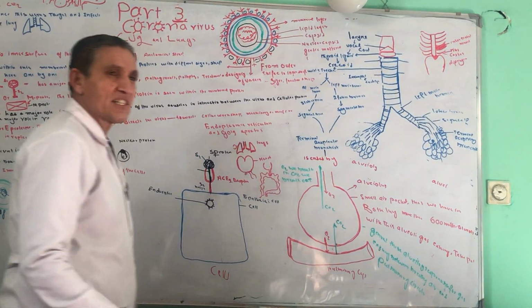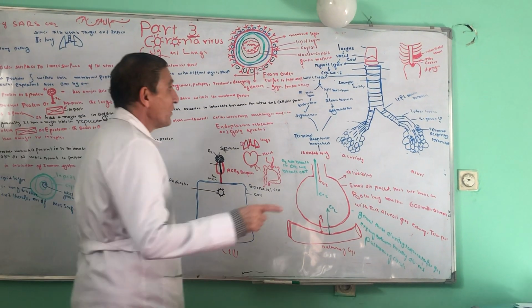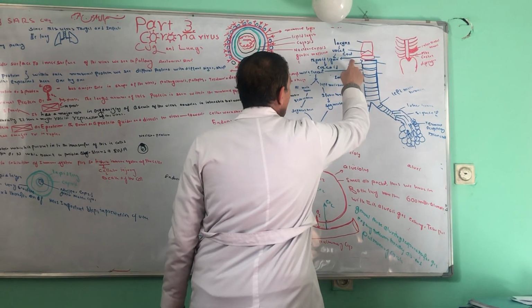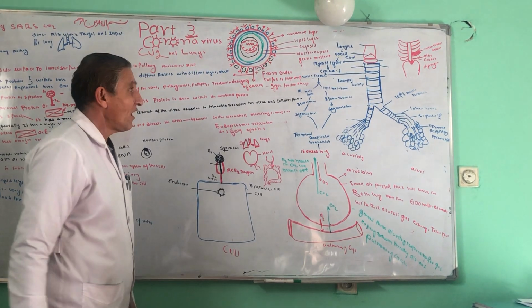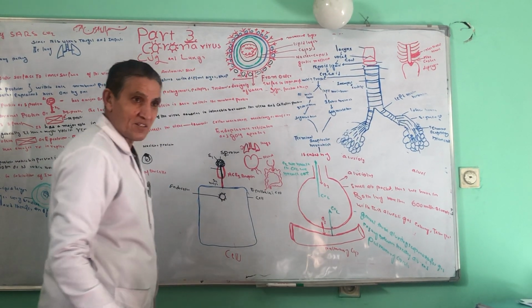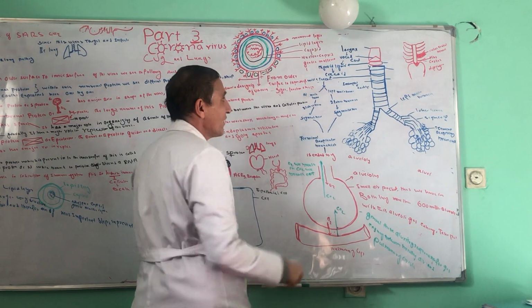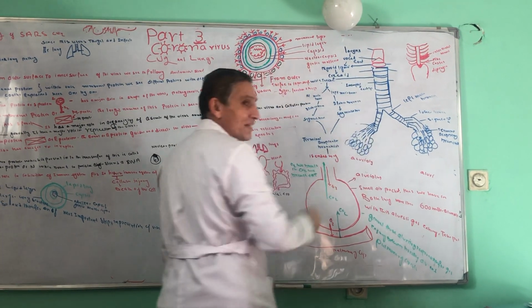Below the vocal cord, we have the thyroid ligament. This thyroid ligament is a very important place because of tracheostomy. When we want to do a tracheostomy, we should use the thyroid ligament. After the thyroid ligament, we have the cricoid, or Adam's apple. Along the cricoid, we have the trachea, or windpipe.